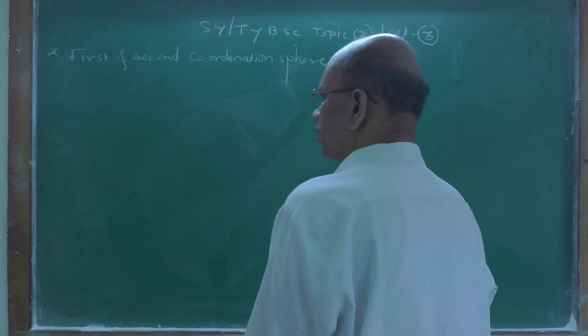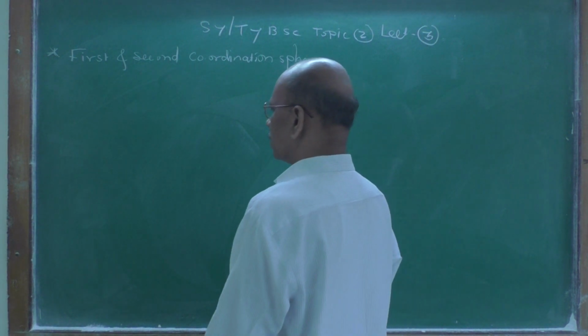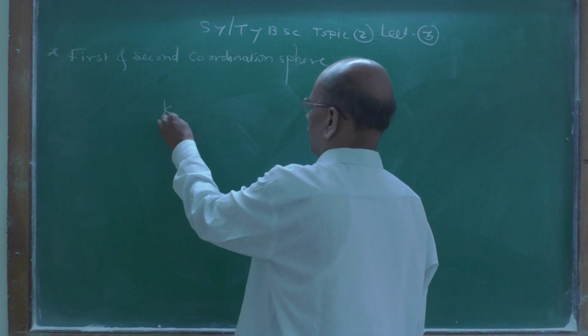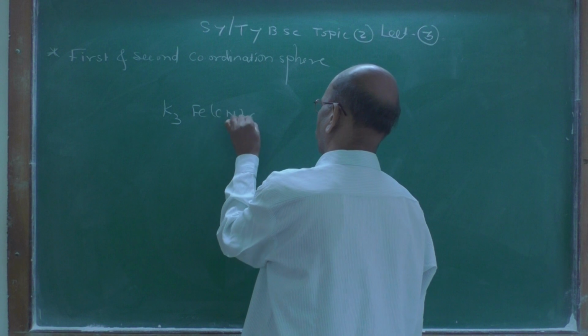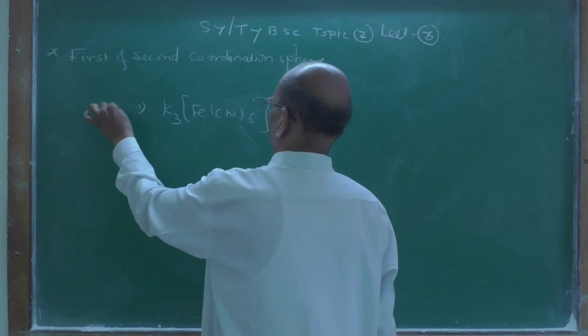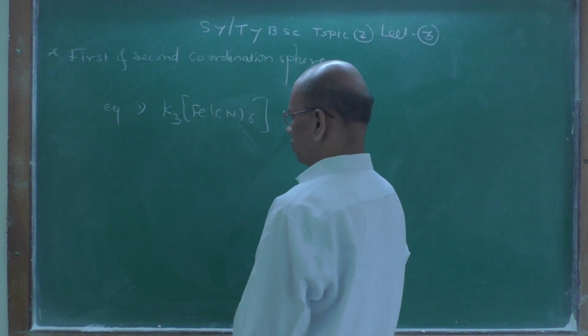If we consider any complex or coordination compound, I take one example. Suppose it is K3[Fe(CN)6]. This is one example. Based on that, I can explain the first and second coordination sphere.